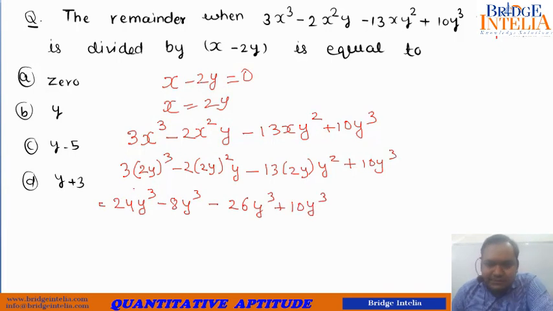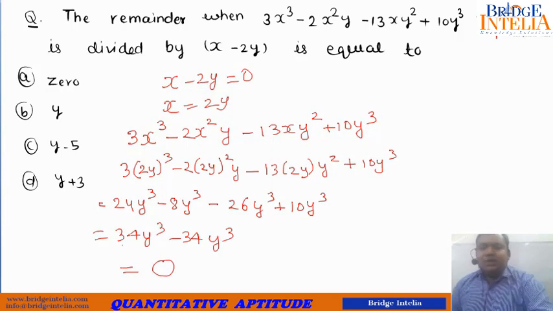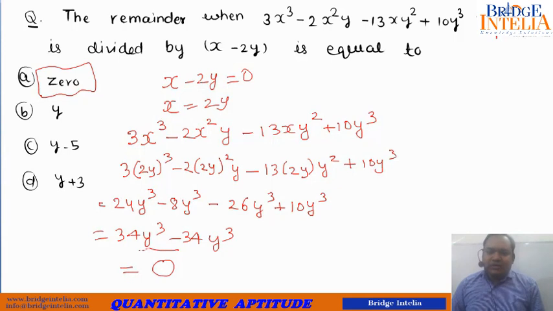So let's see. So 34. So this is 34y cube minus 34y cube. So comes out to be equal to 0. So if it comes out to be equal to 0, that means the remainder is 0. There is no remainder. So what you are trying to find is actually the remainder. So the remainder itself came out to be equal to 0.